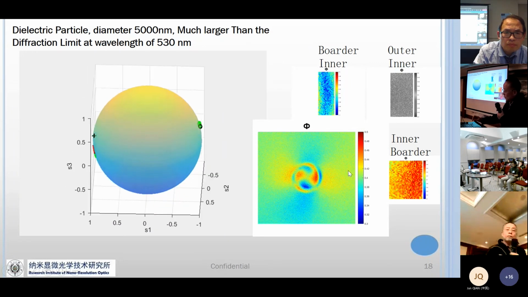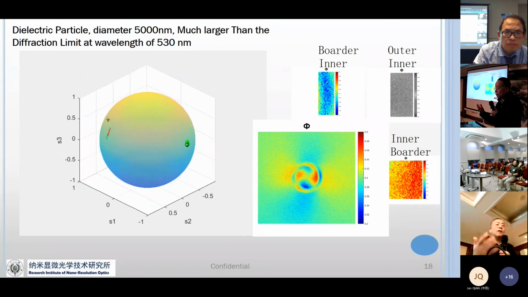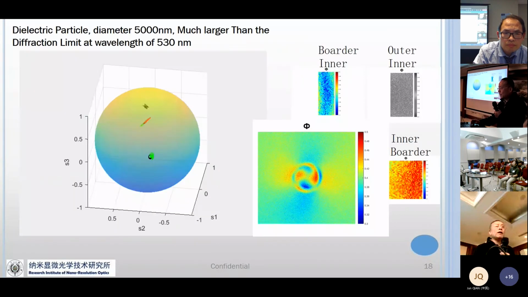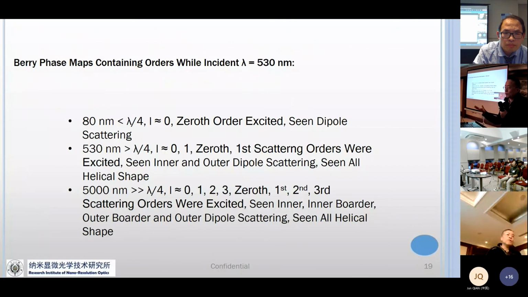We excite four modes, from 0 to 1 to 2 and to 3. All these modes produce a different kind of projection on the Poincaré sphere, and of course we image it that way, and then we use AI and a lot of other means to calculate the shape and the inner structure of this.